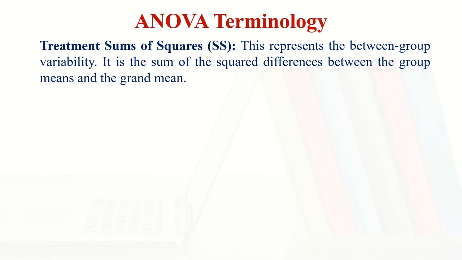The square of these differences and the total of these is known as SS, sum of squares. This represents the between group variability, meaning changeability. It is the sum of squared differences between group means and the grand mean.